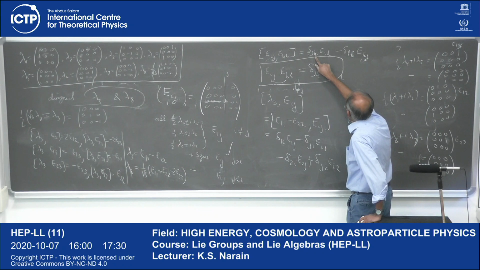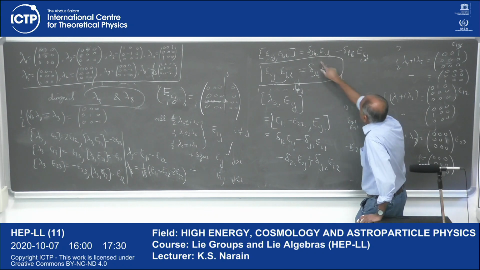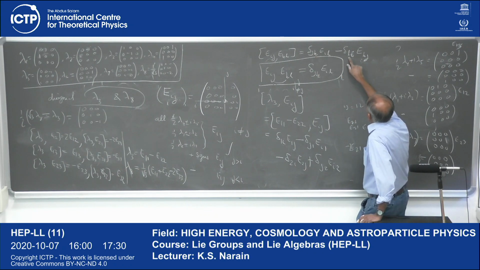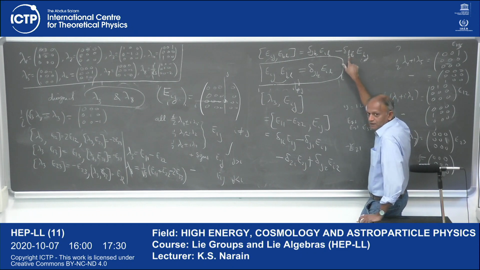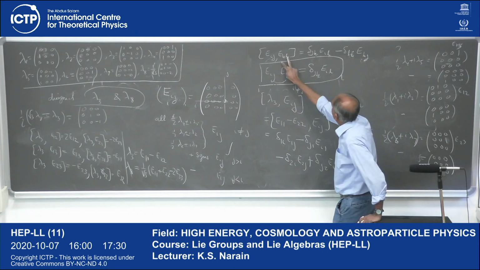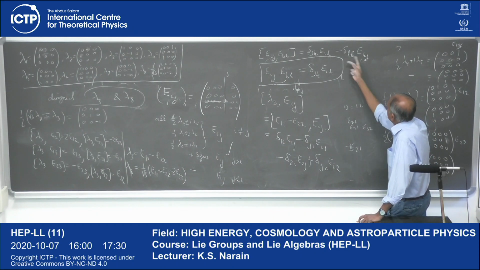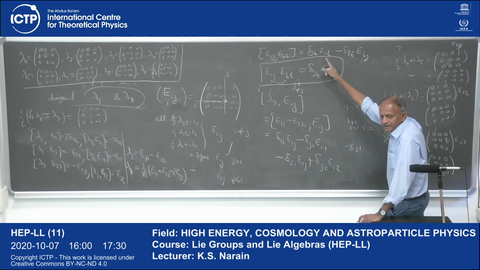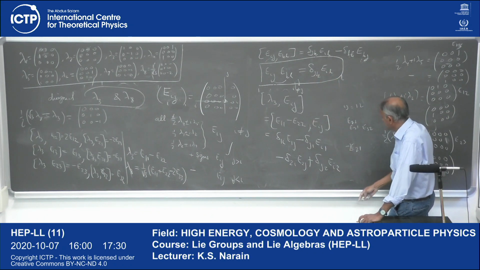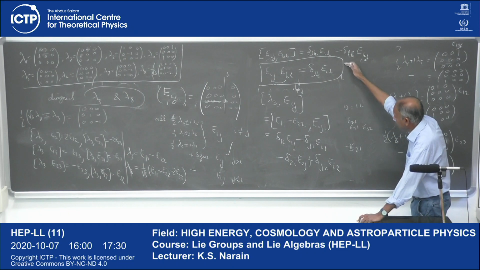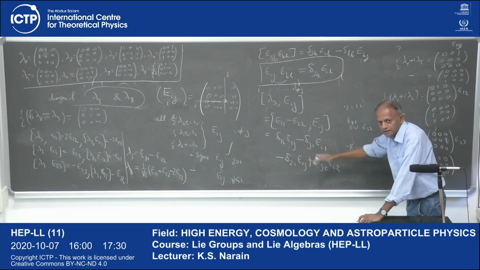So delta jk and delta, both are i, so delta ik, delta il. And if you exchange k and l, I think you should be able to see that the sign changes. But even if you don't want to do that, you can just directly look at this and get the same result.